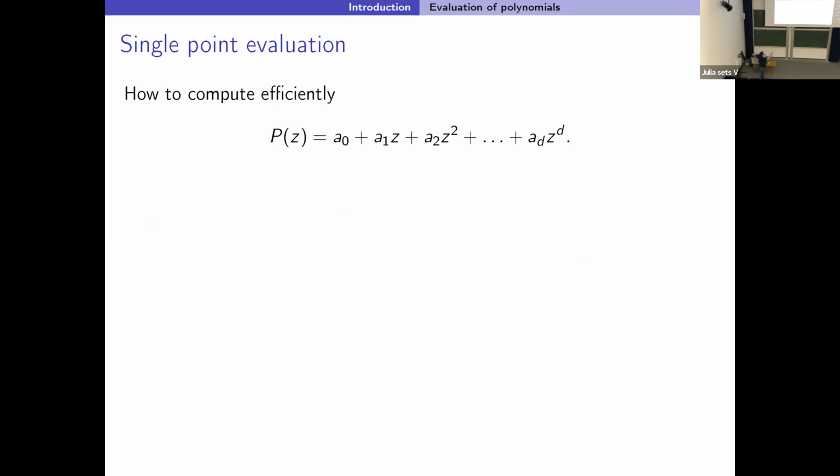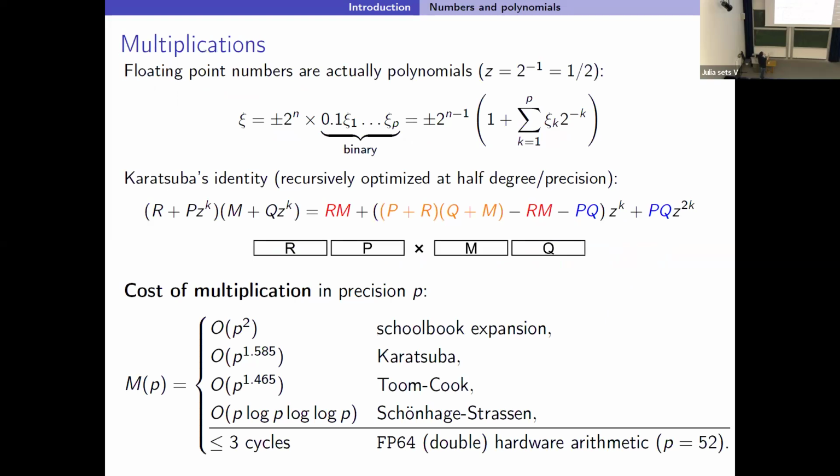This M of P that I had on the previous slide is just the time to multiply two numbers of precision P. And here I will do another advertising for something that we did not do, a library called MPFR, which is fully optimized in the sense that you give it two numbers and it will automatically choose the best algorithm for your numbers and for your computer, and guarantees correct rounding, so you can do interval arithmetics and numerically prove stuff.